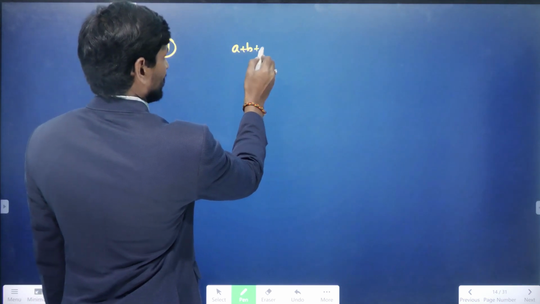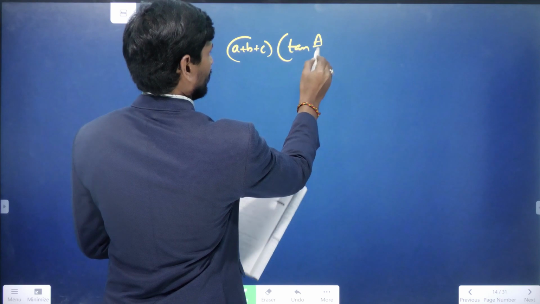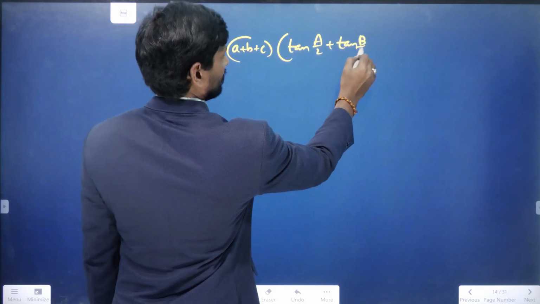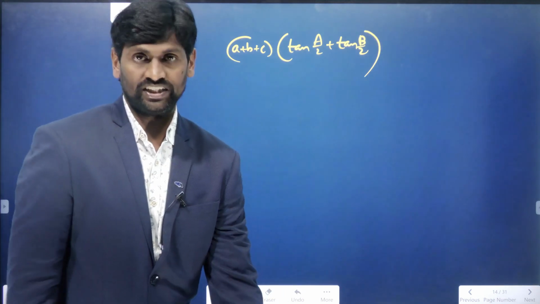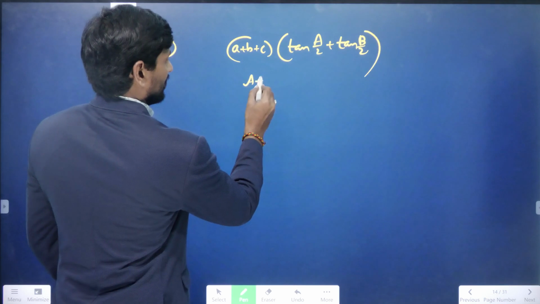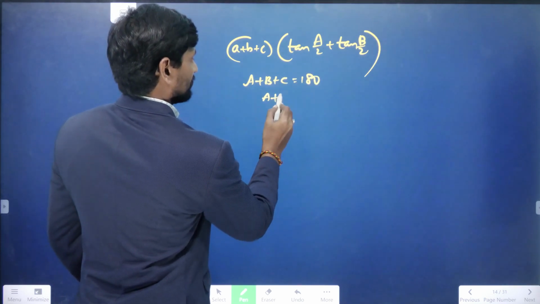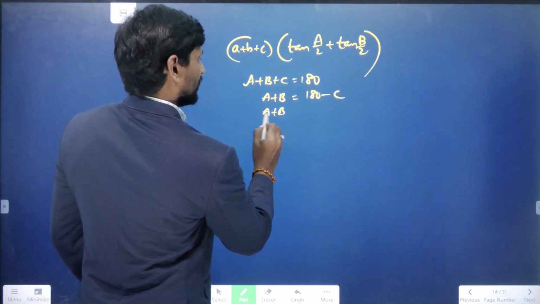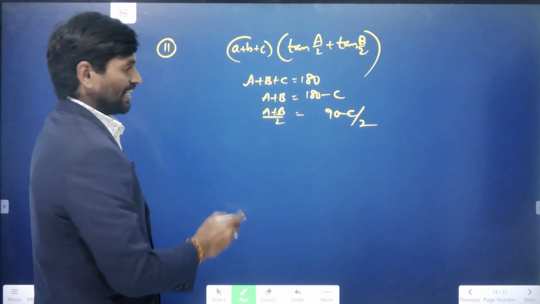Now I am taking a triangle condition. A plus B plus C is equals to 180 degrees. A plus B is equal to 180 minus C, and A plus B by 2 is equals to 90 minus C by 2. Now apply tan both sides.